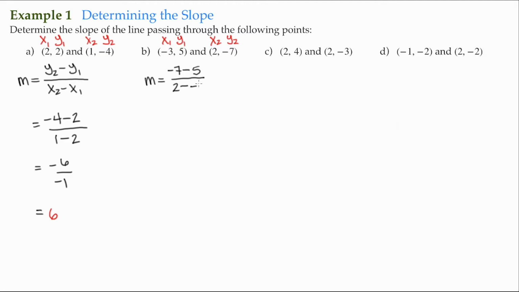So that's negative 3. Don't confuse the minus in the formula with the negative that's attached to the coordinate. So this is 2 minus negative 3.